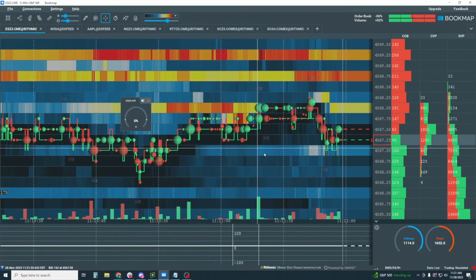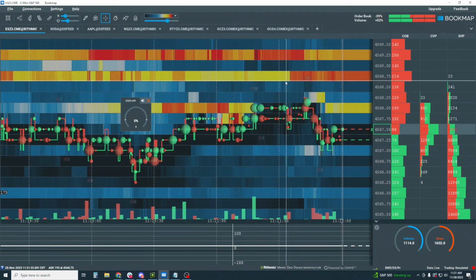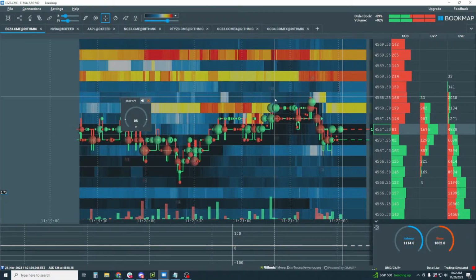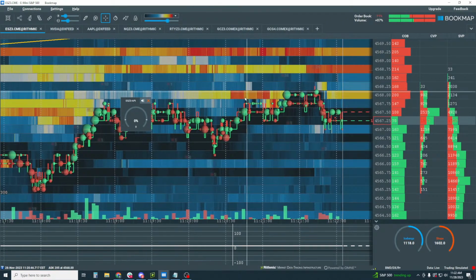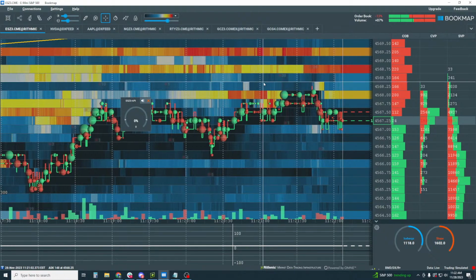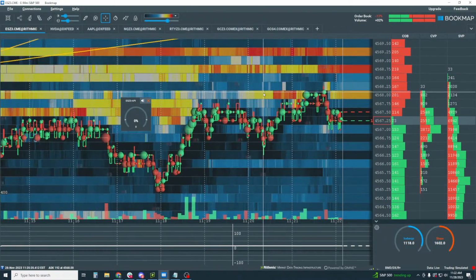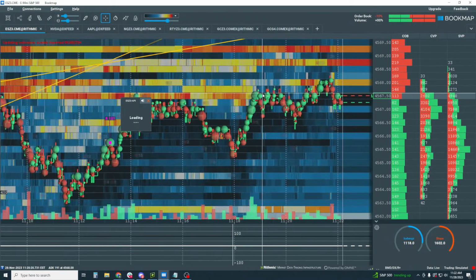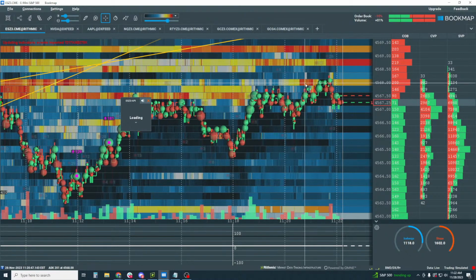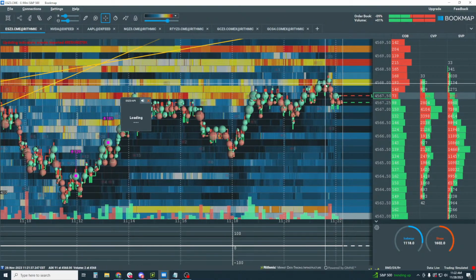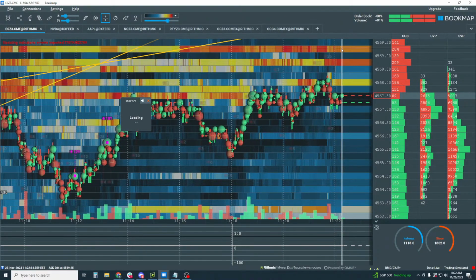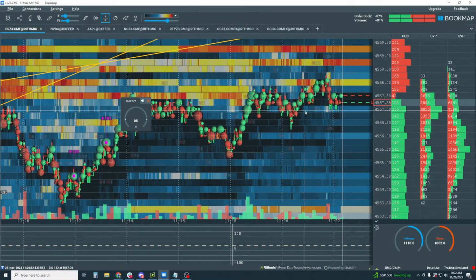So this is turning into a battleground here. Now it's also the European close coming up, so we're probably going to see a little bit of back and forth in here. Even in this European close, I'm still looking for this scenario as being more likely to trade up into this liquidity here.